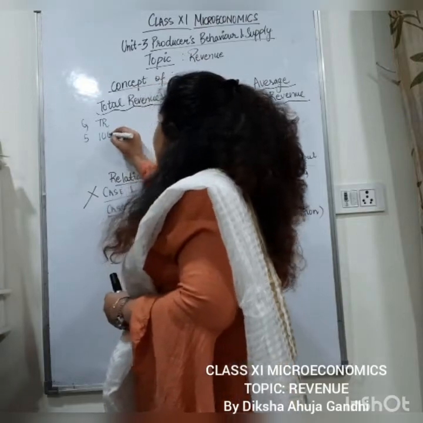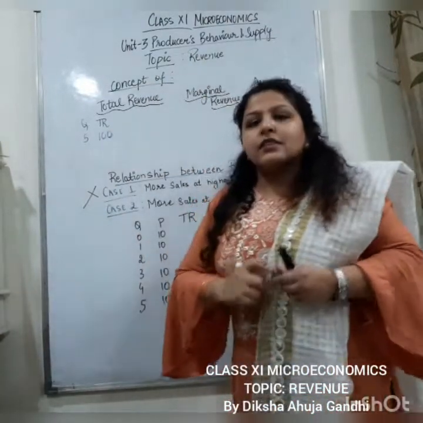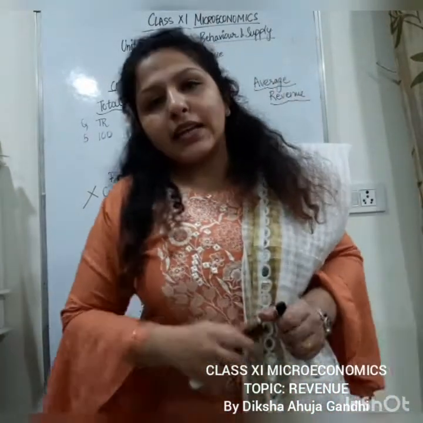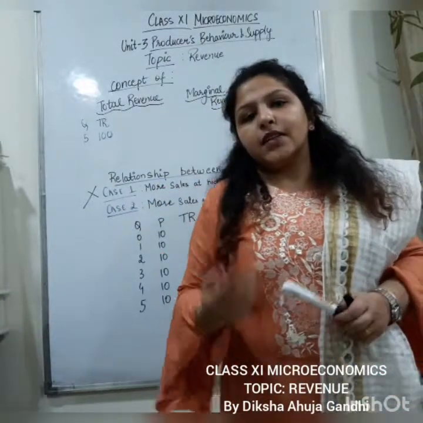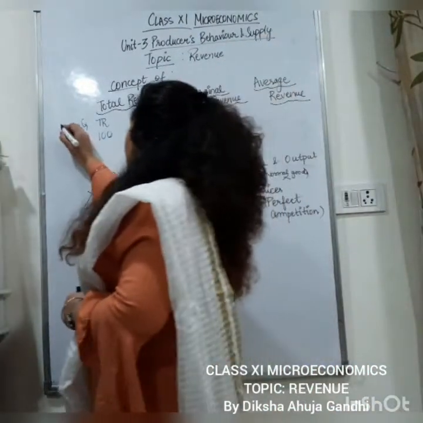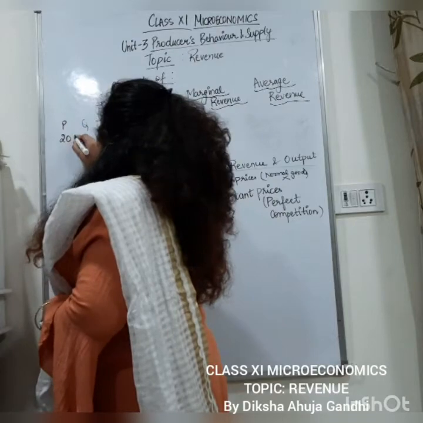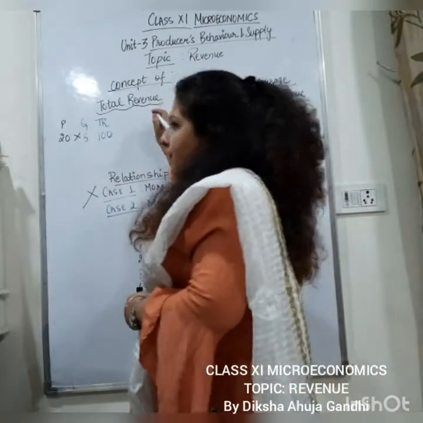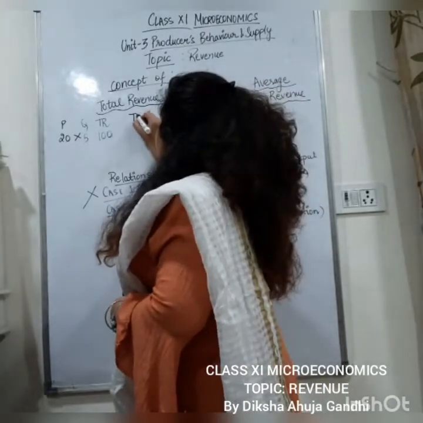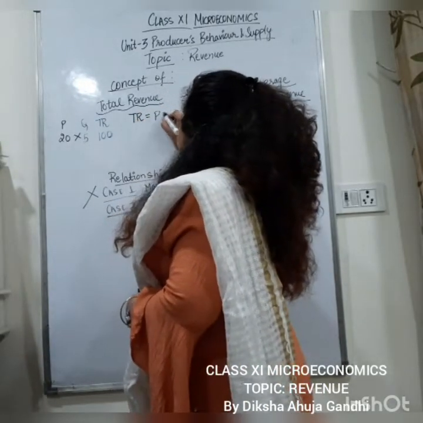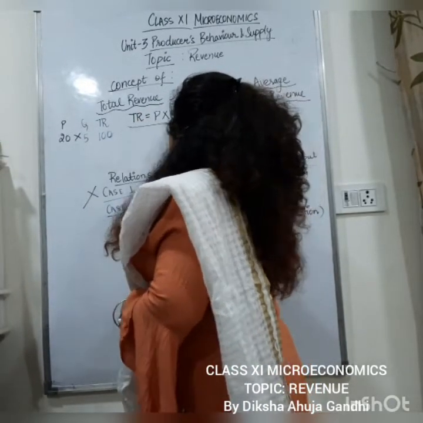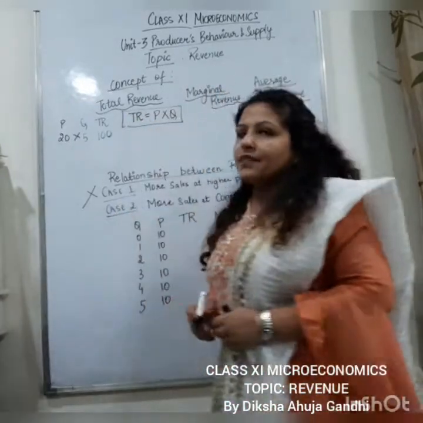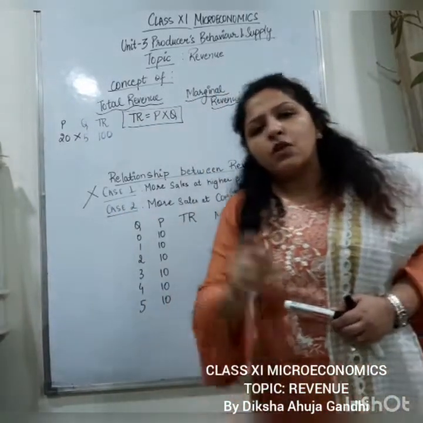That is the total money received by selling a certain amount of the commodity. Let's say the price of the commodity was 20 and I sold 5 units, so I will get 100 rupees. So what is the formula of TR? Total revenue is nothing but price into quantity. Just note it down: total revenue is equal to price into quantity.